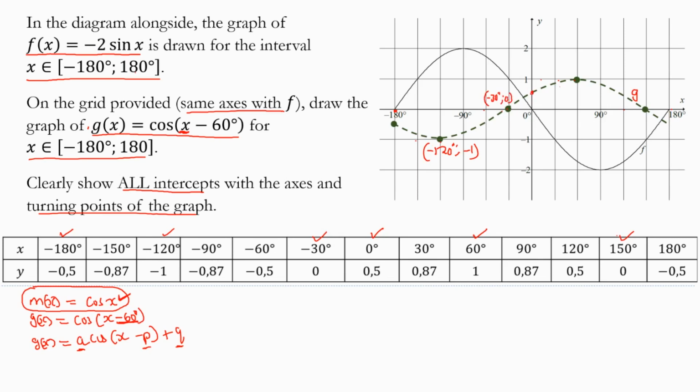The y-intercept, which is 0 degrees, goes with 0,5. And then we have 60 degrees going with 1. And here we have 150 degrees going with 0. So we've managed to answer everything. Make sure that you answer everything and follow the instruction: clearly show all intercepts with the axis, both x and y, and the turning points of the graph.